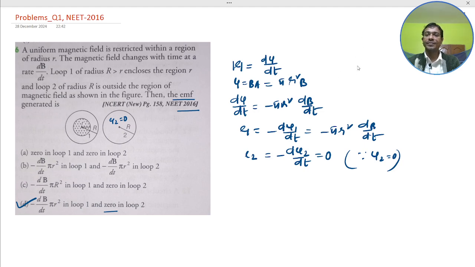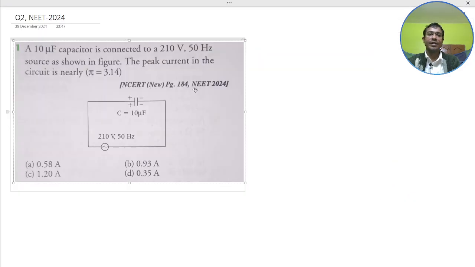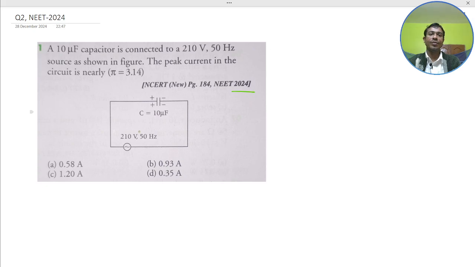Go ahead with the next one, a NEET 2024 recent type of question, saying that a 10 microfarad capacitor is connected to a 210 volt 50 hertz source.